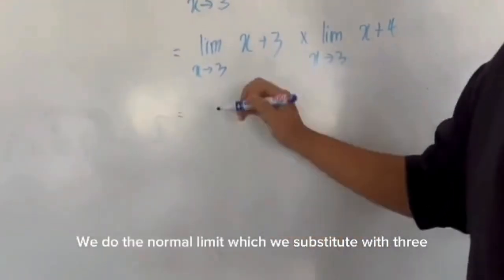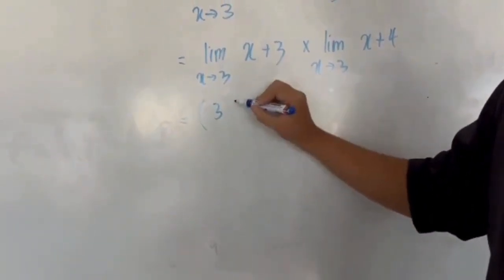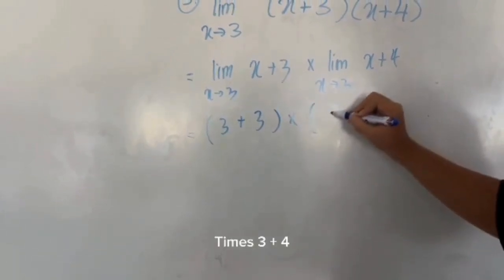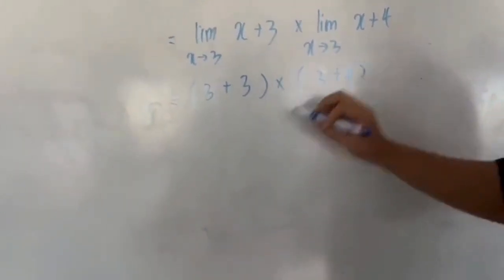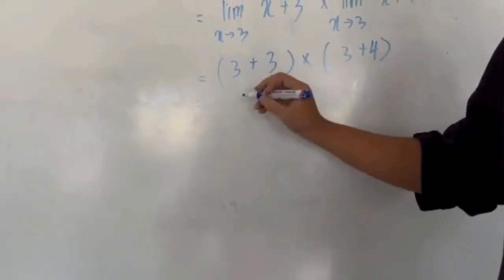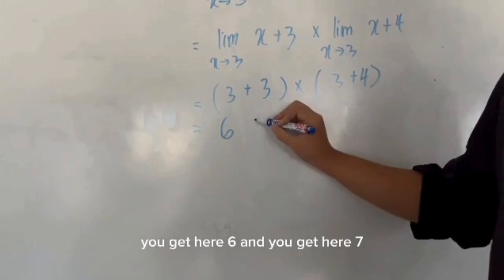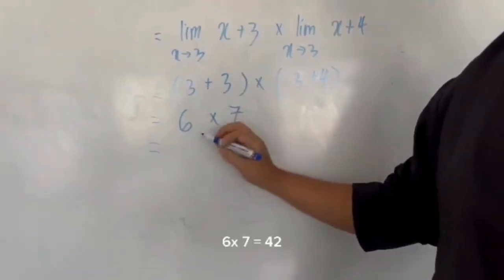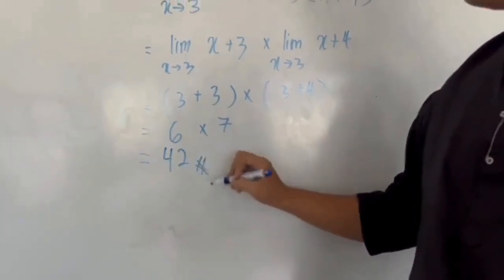We do the normal limit, where we substitute the 3: 3 plus 3 times 3 plus 4. We get 6 here and we get 7 here. 6 times 7 equals 42.